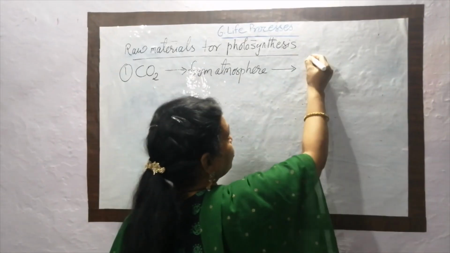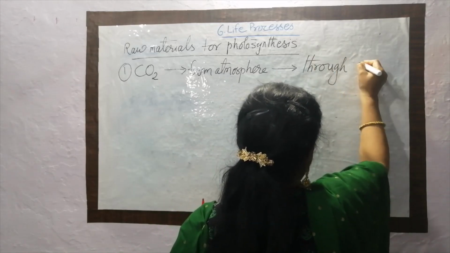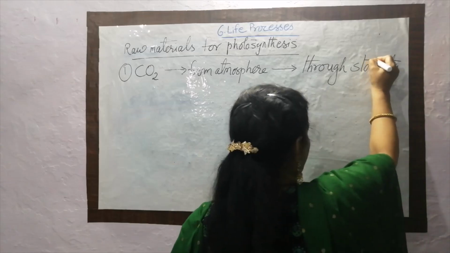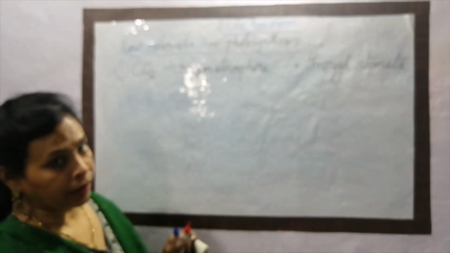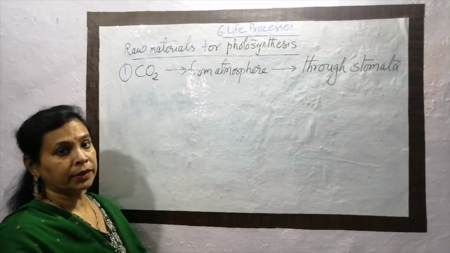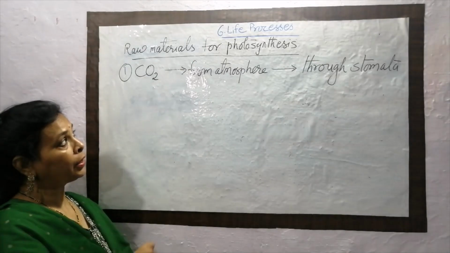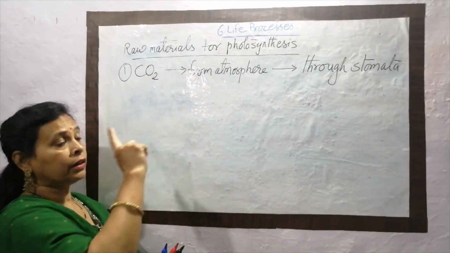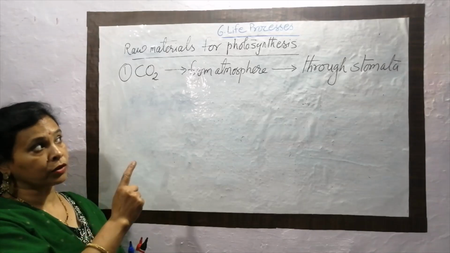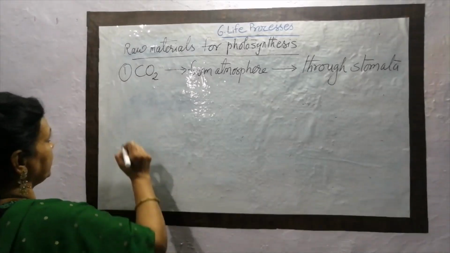It reaches through stomata. How the stomata work, that we have studied in another section. Okay. So carbon dioxide is the first raw material required for photosynthesis. The source of the carbon dioxide is the atmosphere, and the plant part which provides this carbon dioxide to leaves is called the stomata.